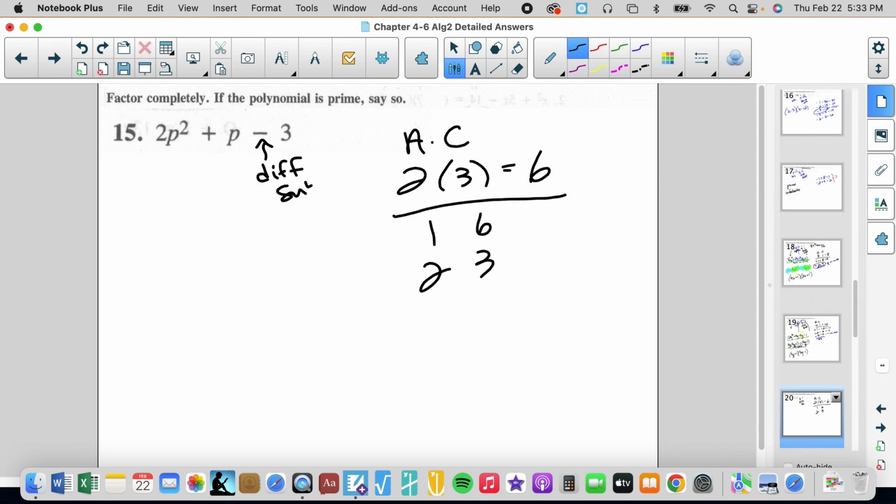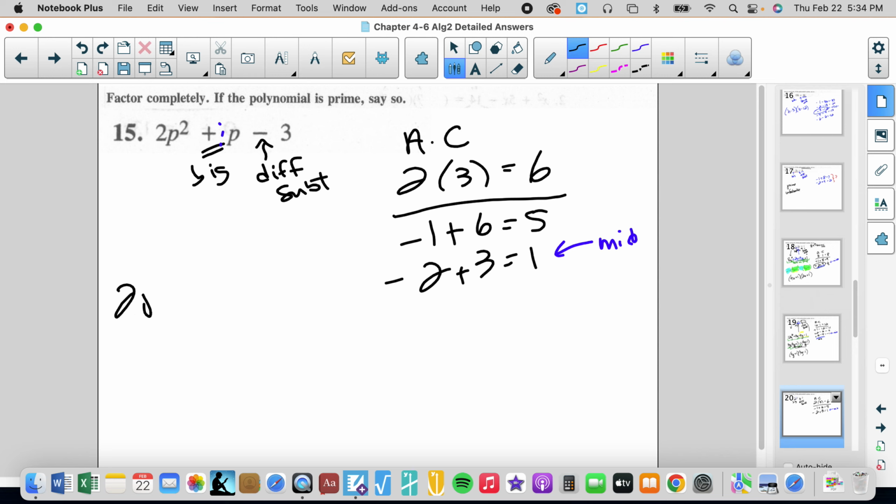We're going to subtract the two factors, and the bigger is positive. That's 5, that's 1. That's equal to my middle. So positive 1.